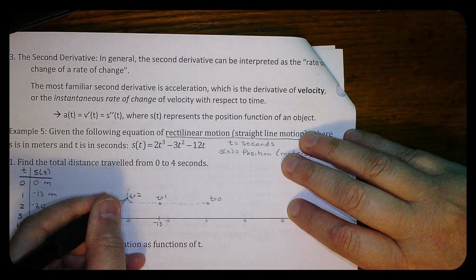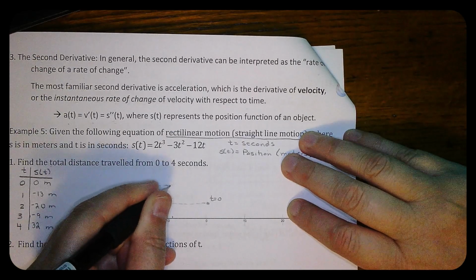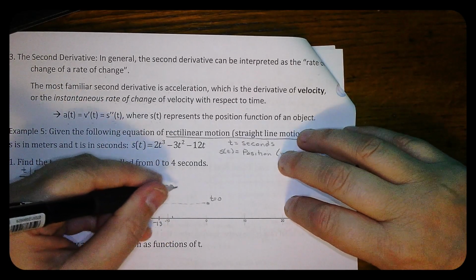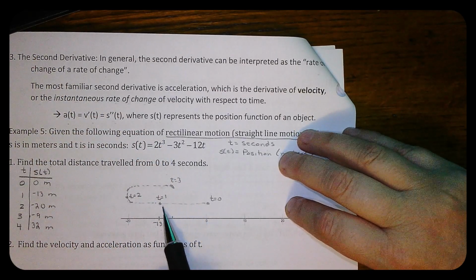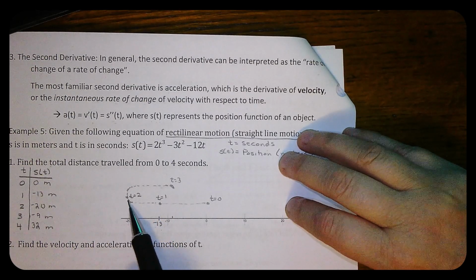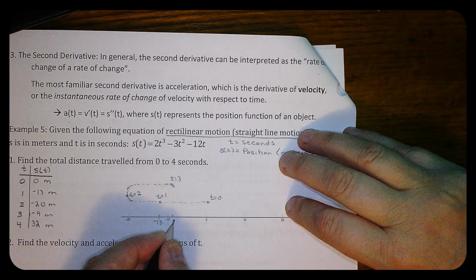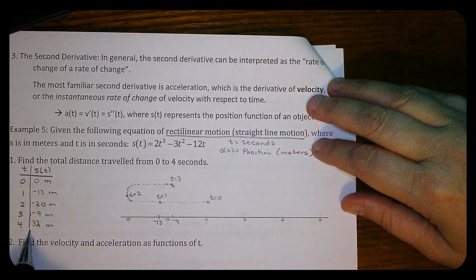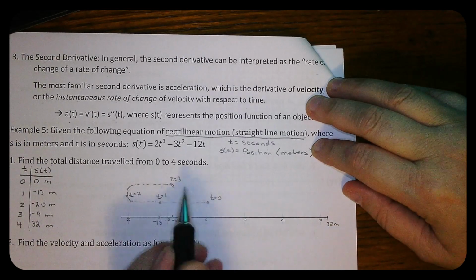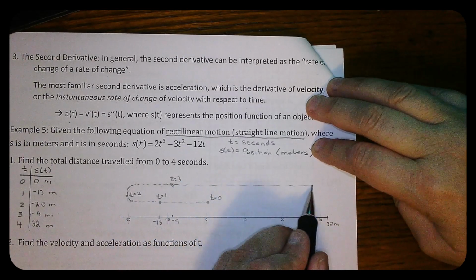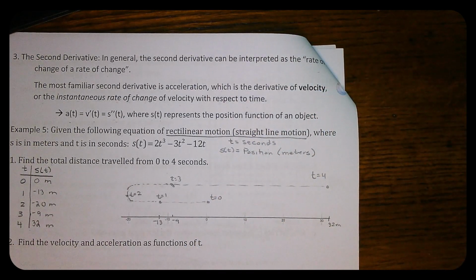So there's got to be a turnaround like this. All right, so you can imagine this little bug going left 13 meters and then left to 20 meters and then turning around and going back to the right, but you're still on the negative side. All right, and then at 4 seconds, it's all the way over to 32 meters. And so that is what a straight line motion graph looks like.